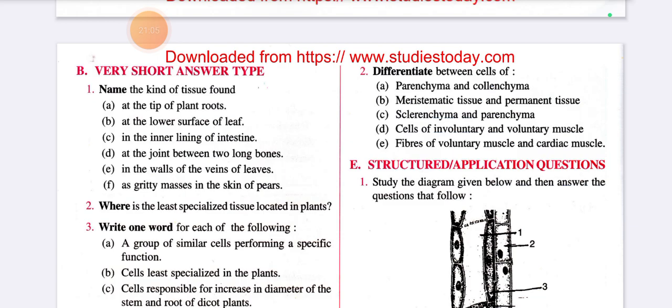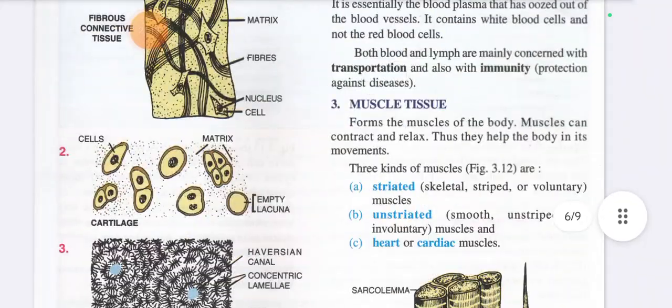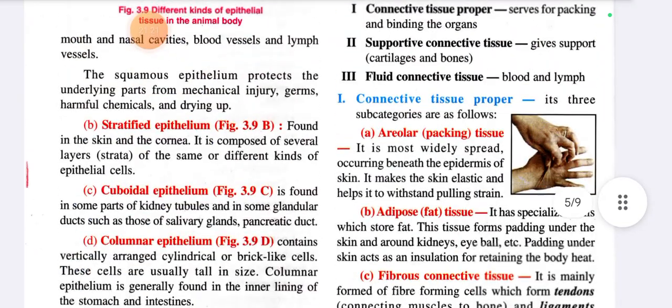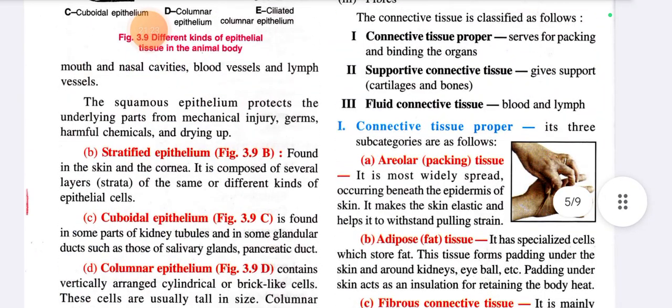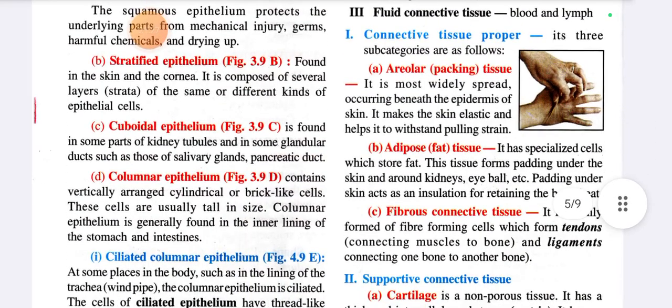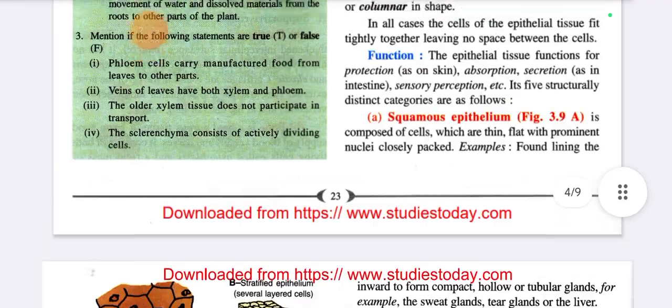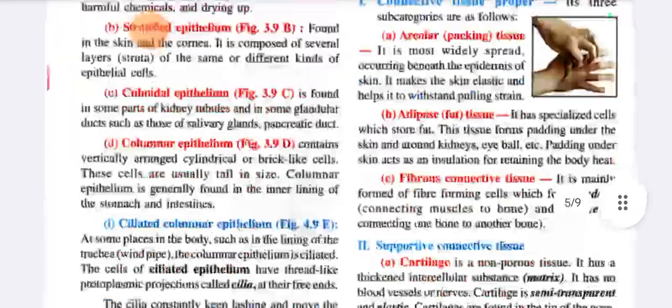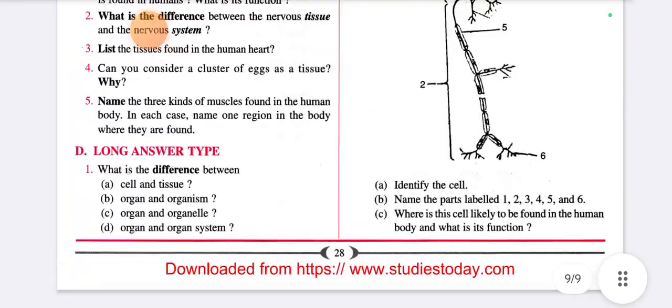Lower surface of leaf, internode over there: intercalary tissue. In the inner lining of intestine, that soft tissue is there, stratified, cubical, something in between, this is only epithelial tissue. I will just simply write epithelial tissue.